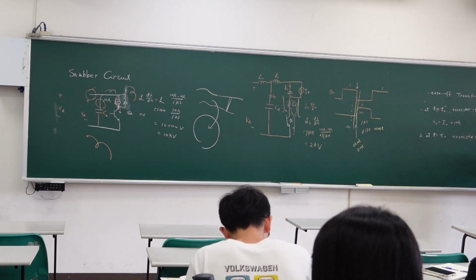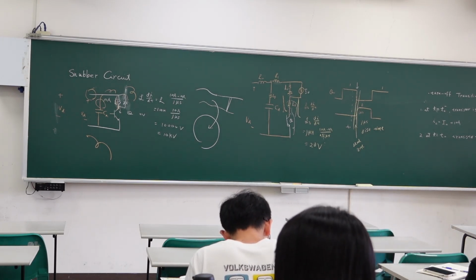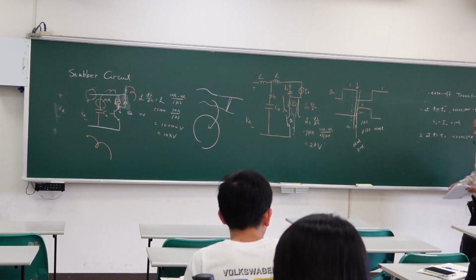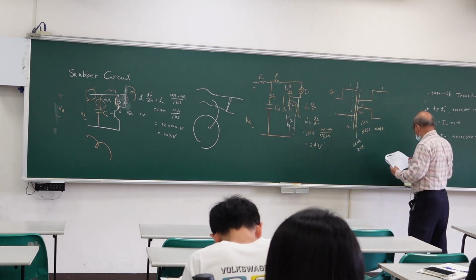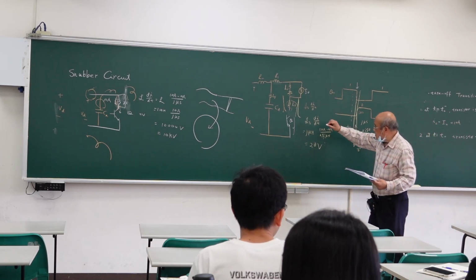So at that moment, the transistor turns off at T equal to T0. Then what happens? The transistor turns off, so we have a voltage across the transistor.